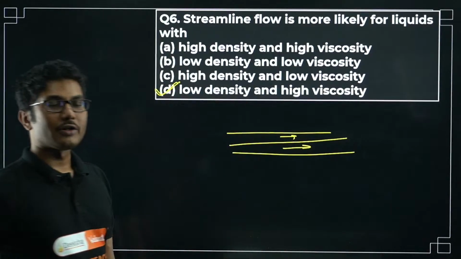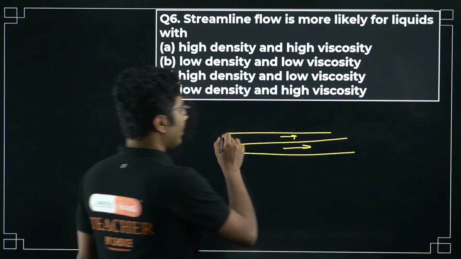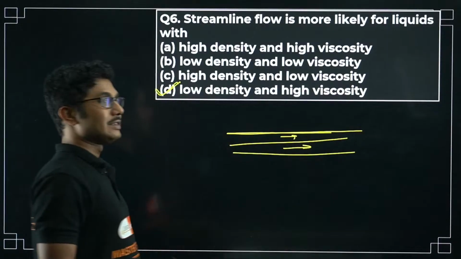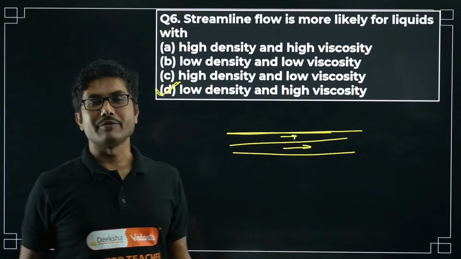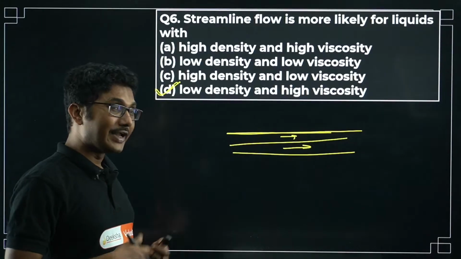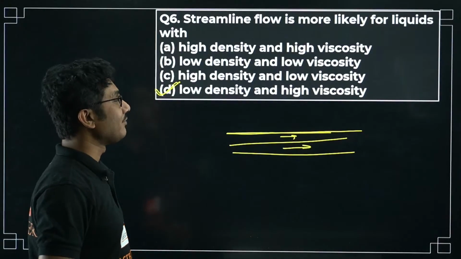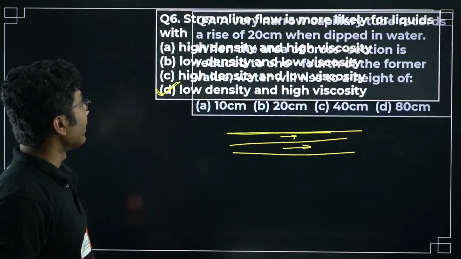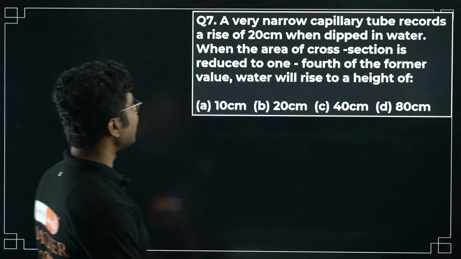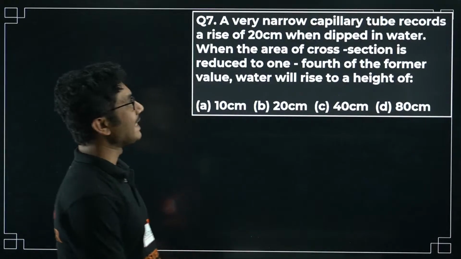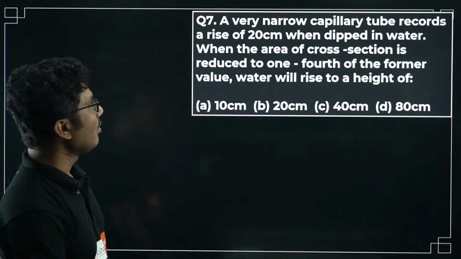That is called streamline flow, and that experiment is to measure the viscosity of a liquid. Low density and high viscosity liquids are very commonly likely to have streamline flow, right? Now, the next question. A very narrow capillary tube records a rise of 20 centimeters when dipped in water.